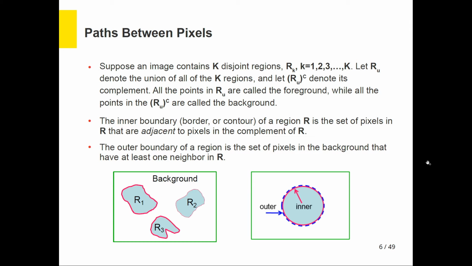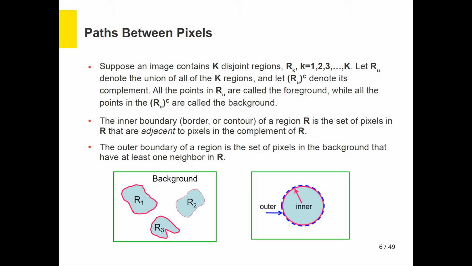So now let's suppose an image that contains k disjoint regions. We named them Rk, for k being from 1 to capital K. So we can define the union of all these regions, and we can also define the complement of the union.